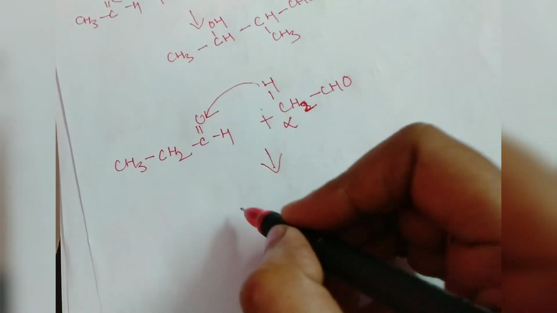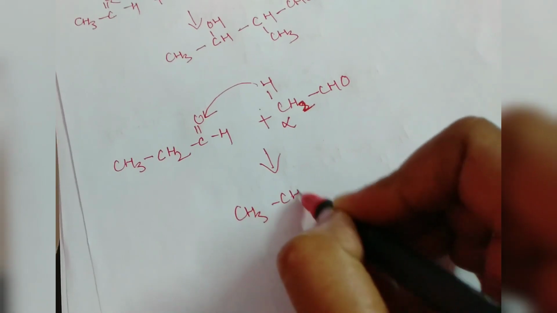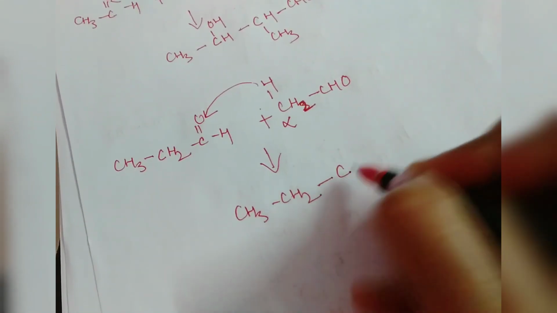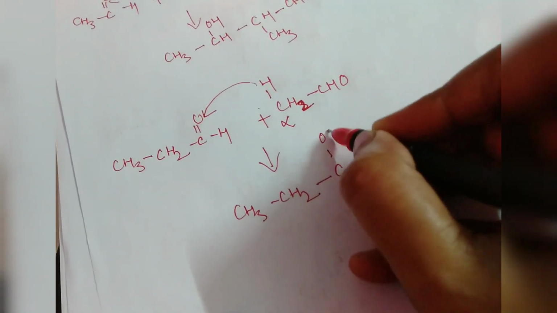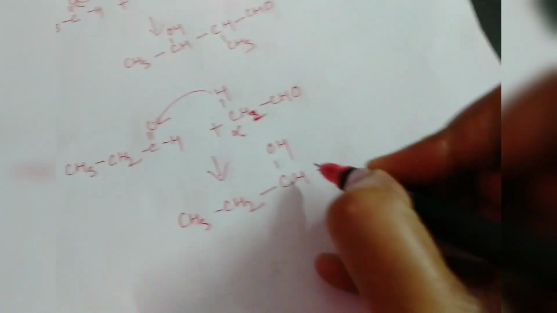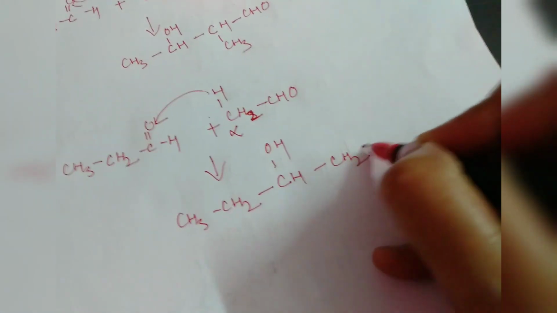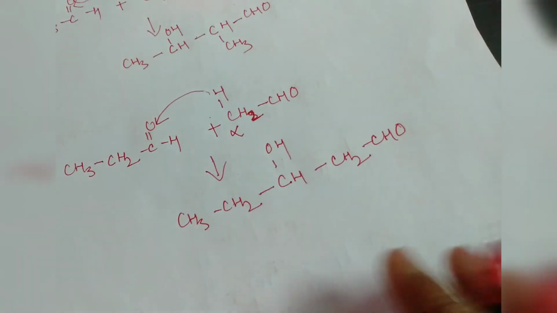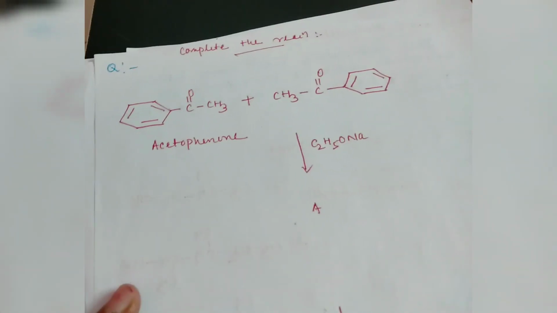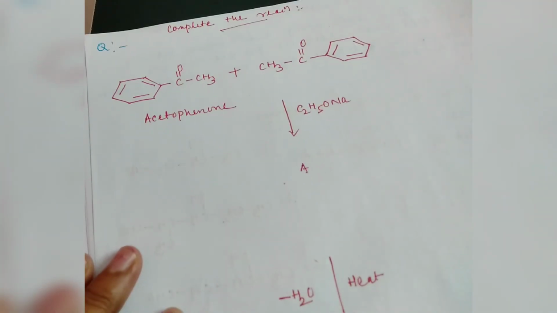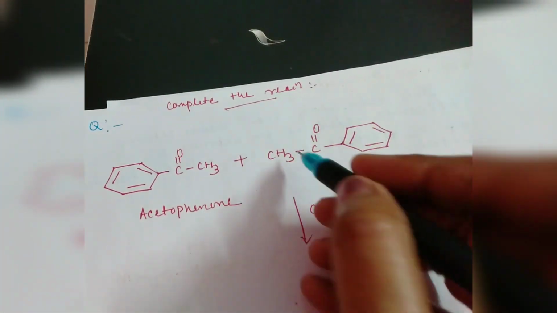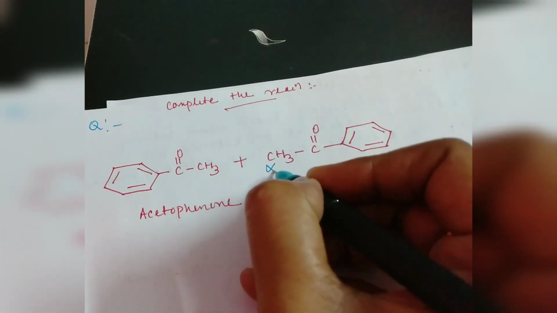So what will be the product? This is your CH3CH2 single bond C, OH CH, and this is attached to CH2 CH. See here, now tell me what will be the product. Okay, now if this one is your functional group, this is your alpha carbon.